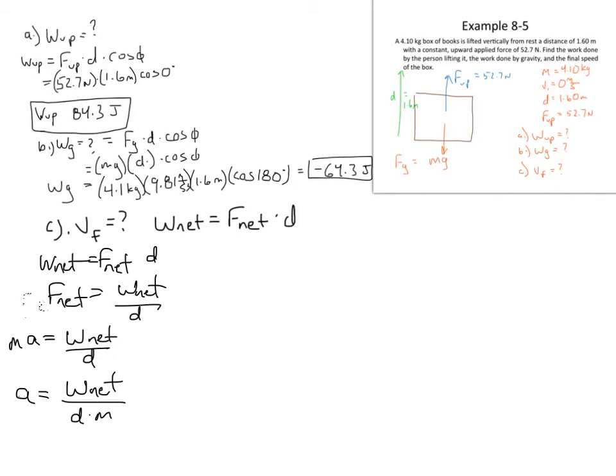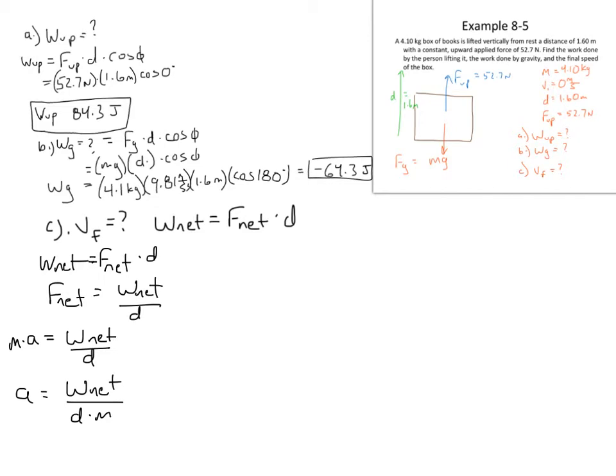All right, well, that's great, you say, but what the heck is net work? Well, it's the sum of all the works that are acting on an object, right? What are the works being done to it? Well, we've got work done by a person up here, 84.3 joules, and we've got work done by gravity, negative 64.3 joules.